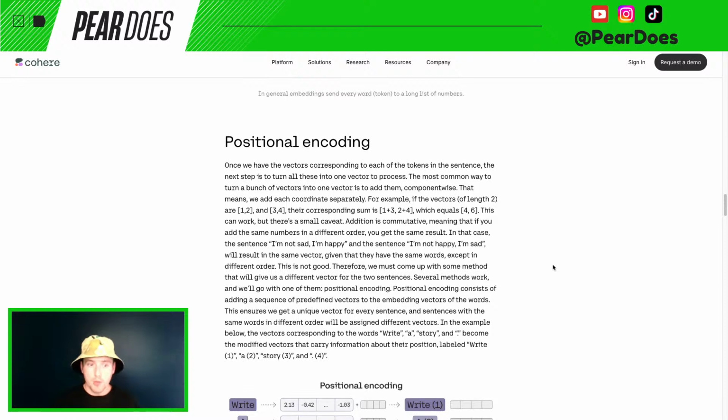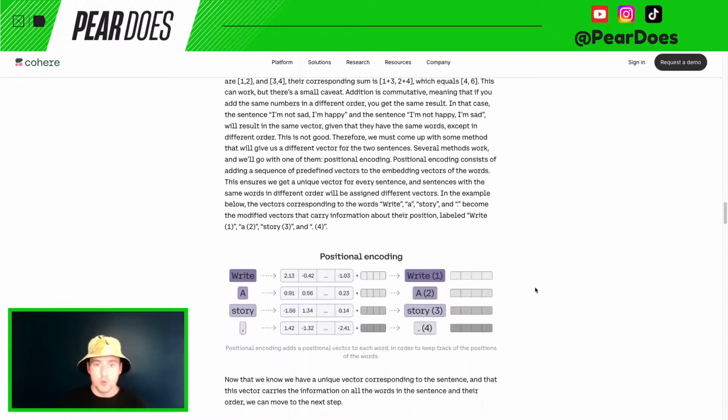So in the example below, the vectors corresponding to the words write, a, story become the modified vectors that carry information about their position, labeled write, a, story, period. And you can see here, again, if we were to do "a story write," even though it's the same words, they mean something different.